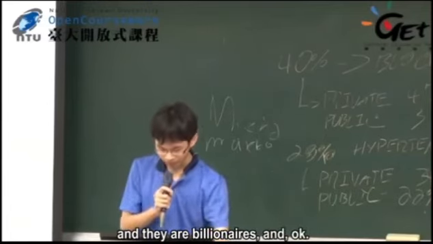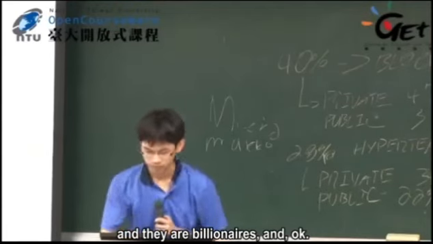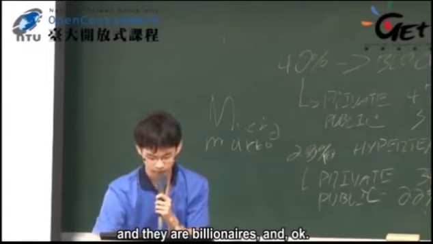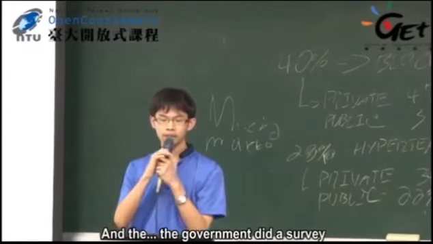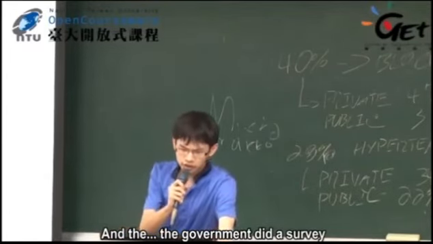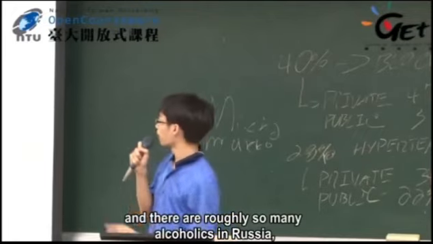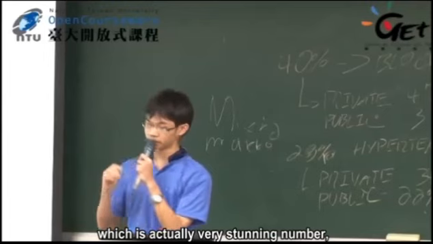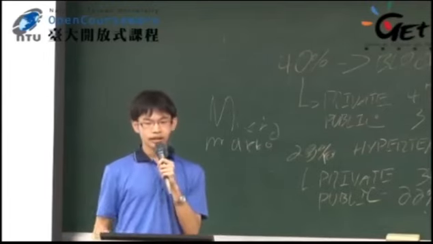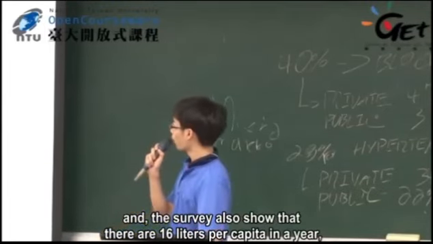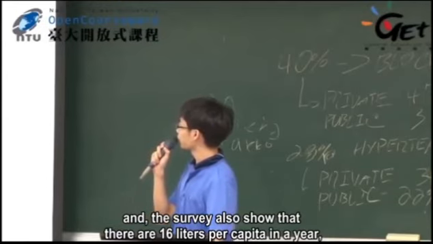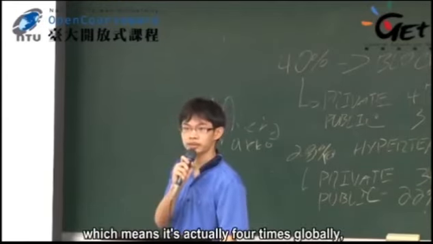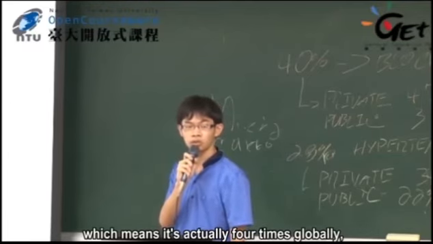And the government did a survey, and there are roughly so many alcoholics in Russia, which is a very stunning number. The survey also showed that there are 16 liters per capita in a year, which is the fourth highest globally.